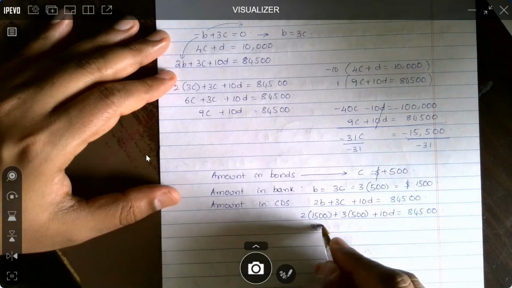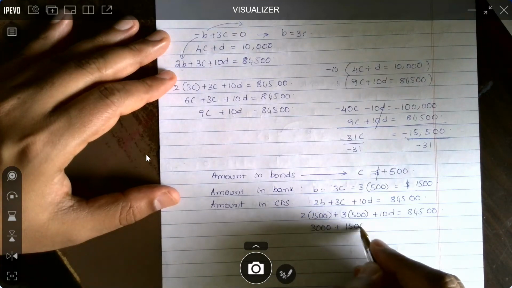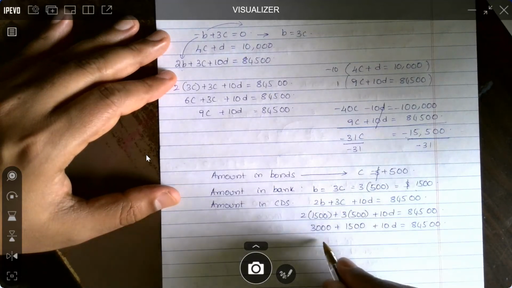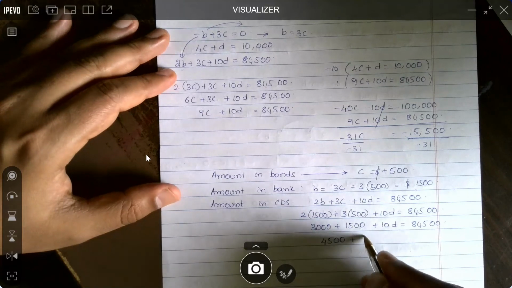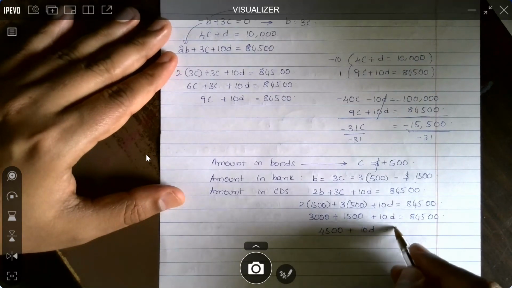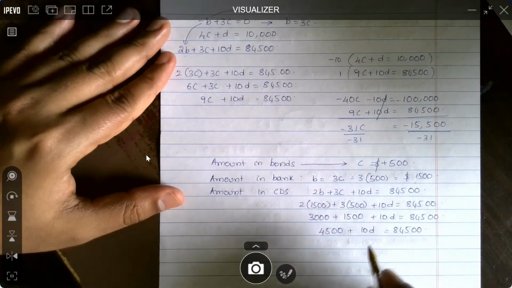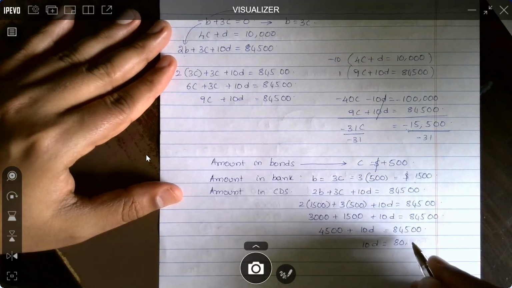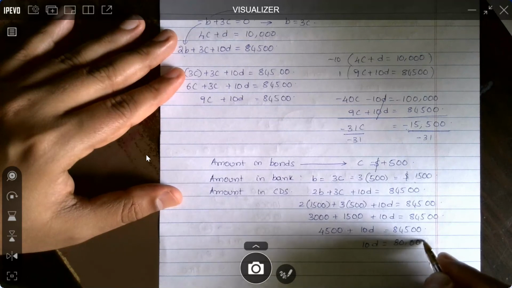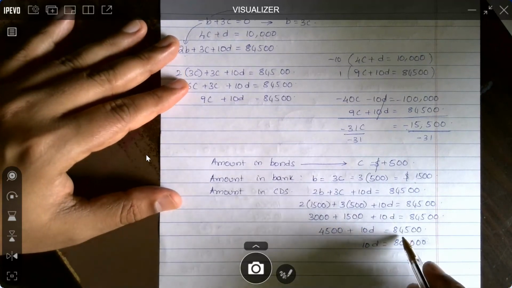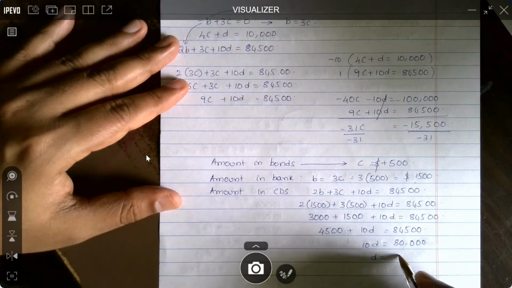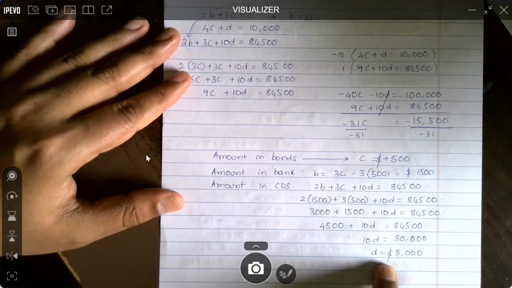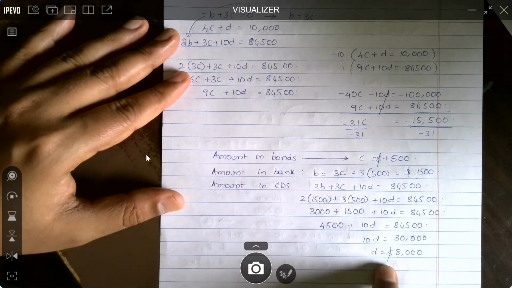So that's $3,000 plus $1,500, plus 10D is 84,500. So 4,500 plus 10D is 84,500. So 10D is going to be, if I'm right, 80,000. So D is going to be $8,000. So the amount invested in certificates of deposit, CDs, is $88,000.